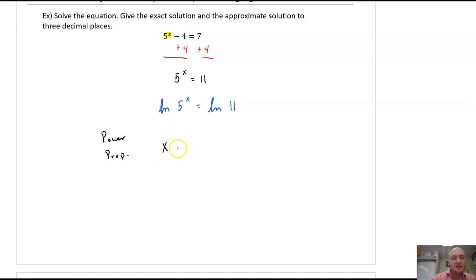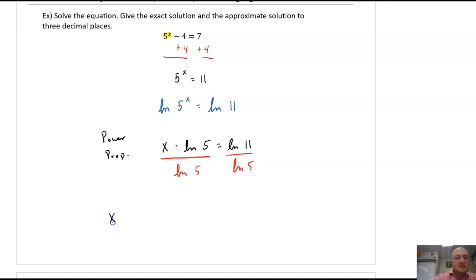So this becomes x times the natural log of 5 is equal to the natural log of 11. Now I just need to isolate x, and we do that by dividing by the natural log of 5.